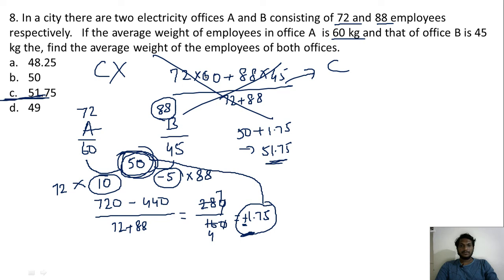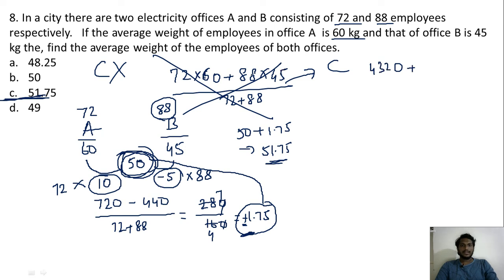Now if you have any doubt you can check over here. See, 720 into 60 is 4320.